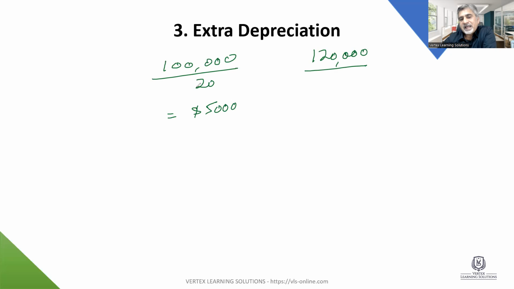And the life of the asset is not 20 years because 6 years have already passed. So the remaining life of the asset is only 14 years. And if I take 120,000 divided by 14, this year my depreciation is $8,571.